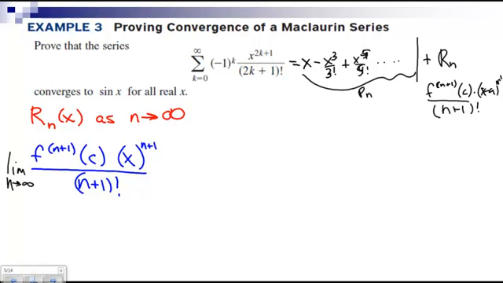Okay. So here's what I need you to think about. What happens when n goes to infinity for this part? Should go to 0. Goes to 0, goes to infinity, or goes to neither? Well, our function is sine. It stays between negative 1 and 1.